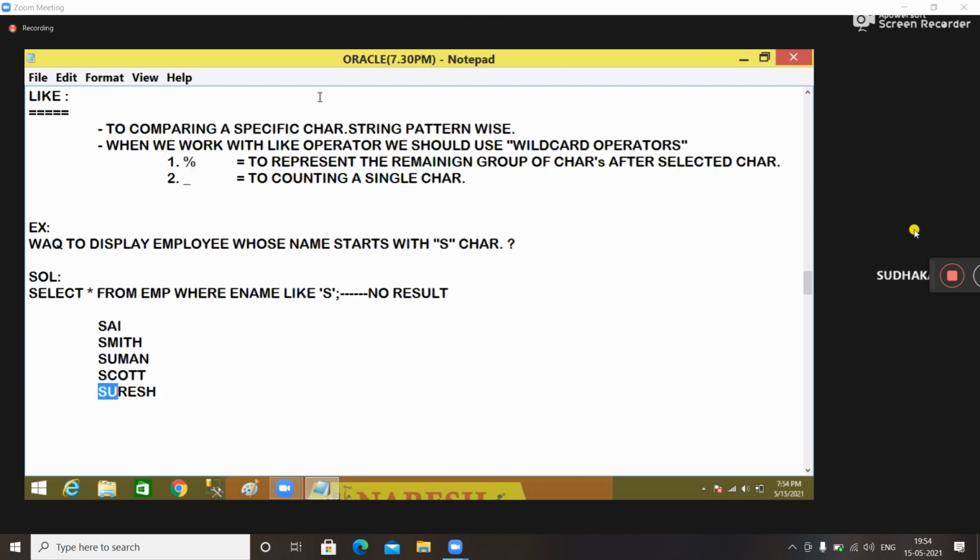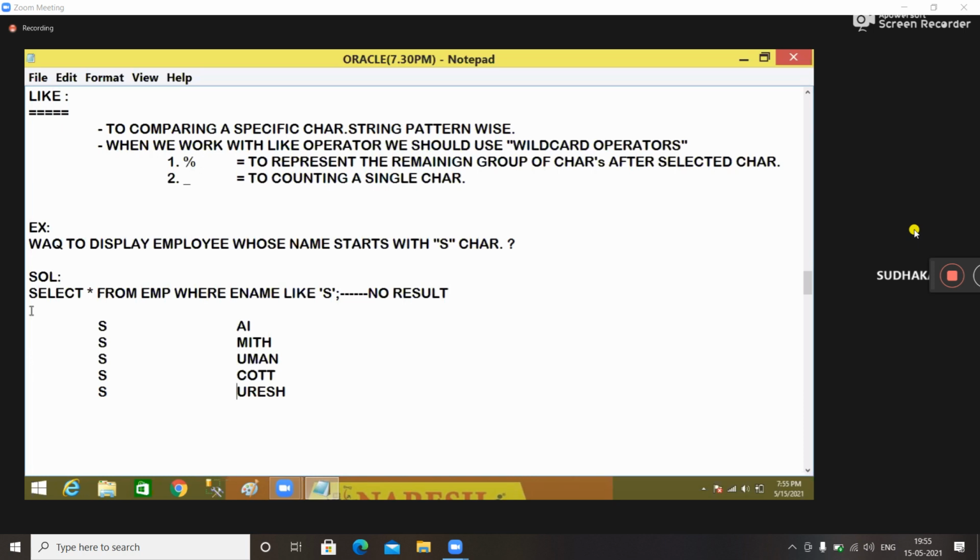But these names do not have only the S character; along with S, some other characters are also there. Like in Sai, AI; in Smith, MITH; in Suman, UMAN; in Scott, COTT; and in Suresh, URESH.